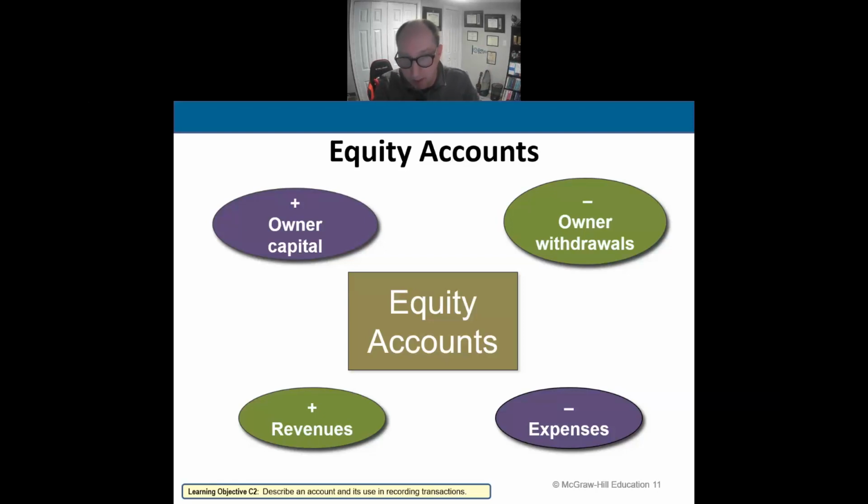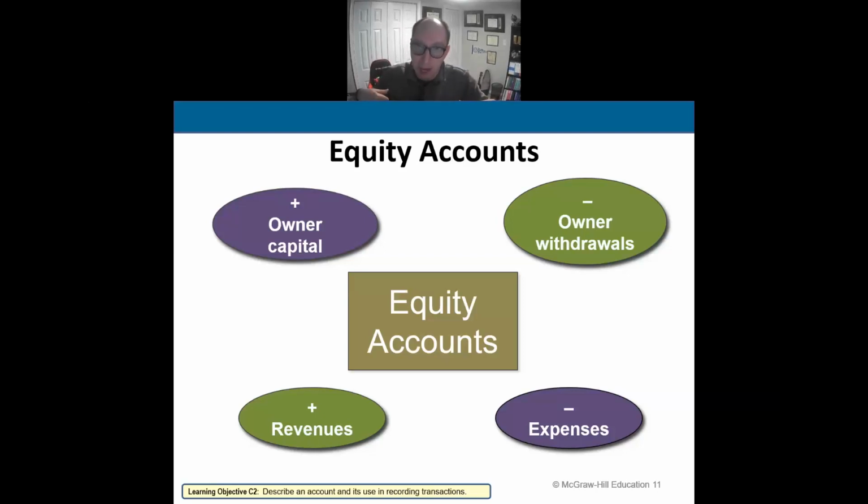That's owner's capital. That's me investing money and my own equipment into the business to get it up and running. It's also called owner's contributions, but it's mostly called owner's capital on most books.